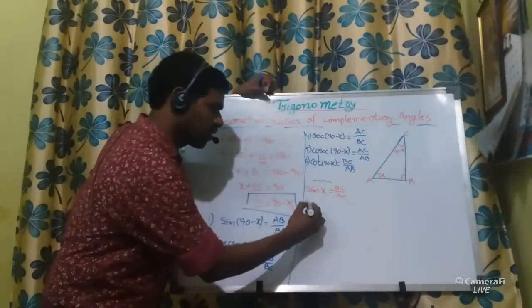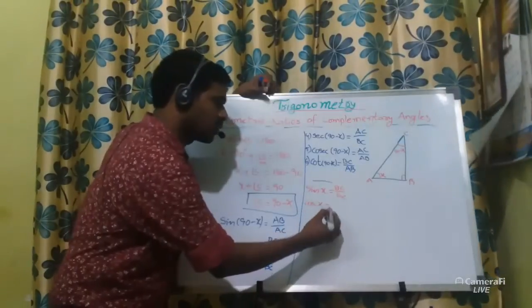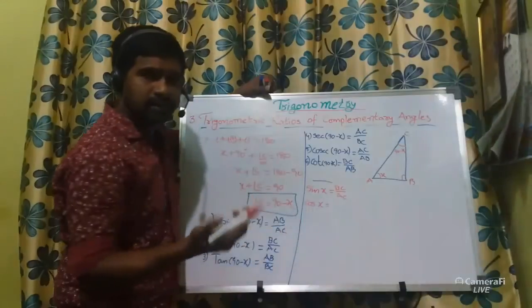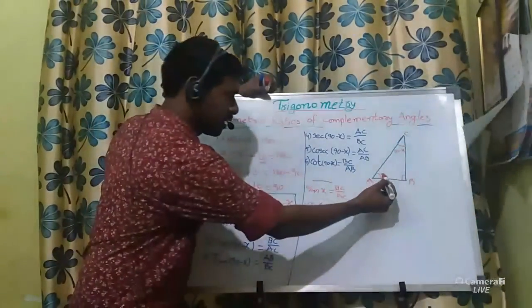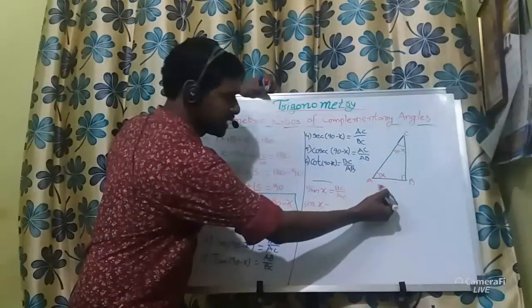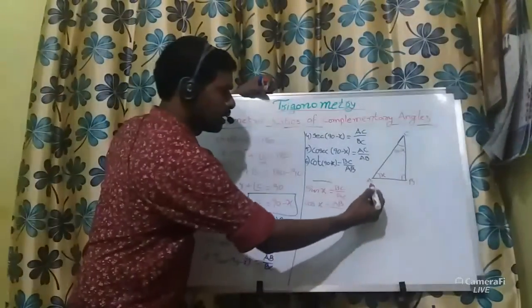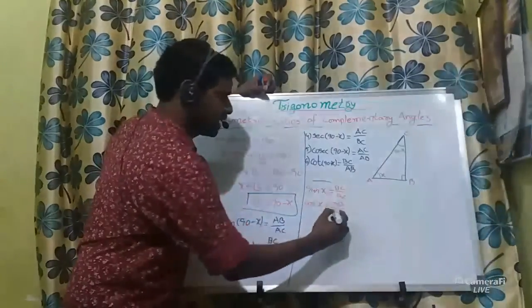And the second one is cos x, which is adjacent side by hypotenuse. The adjacent side of this angle x is AB, and hypotenuse AC, so AB by AC.